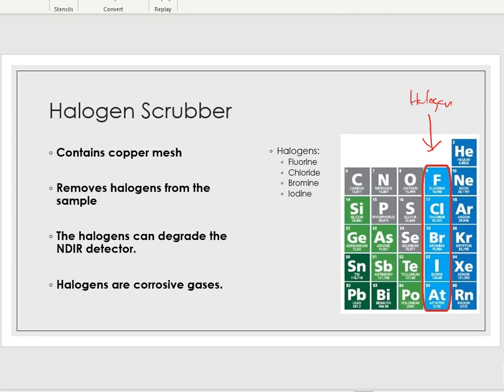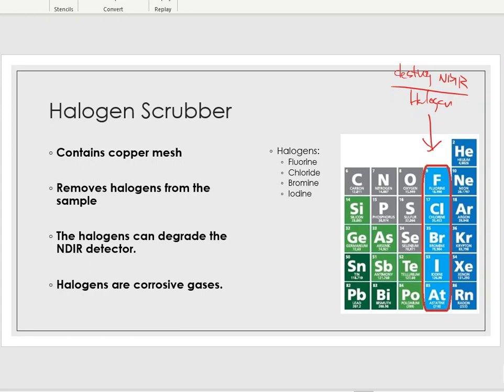And the reason is because the halogens love to slowly destroy the NDIR detector. All right. These halogens are corrosive. And corrosive, many of them, means they love to react with metal. And they begin to eat and destroy the metal.